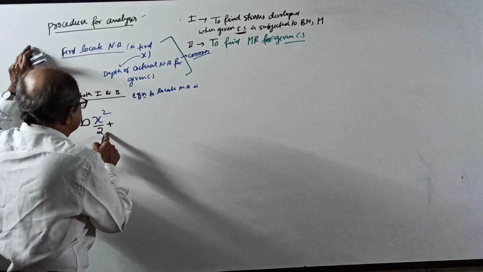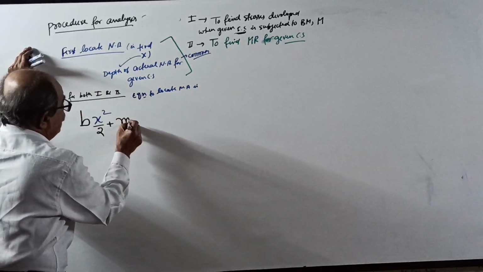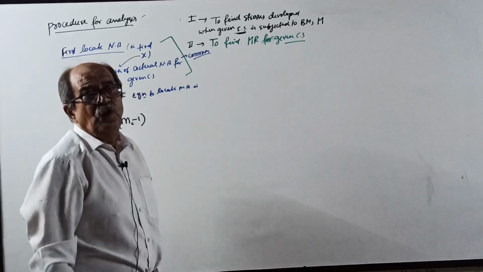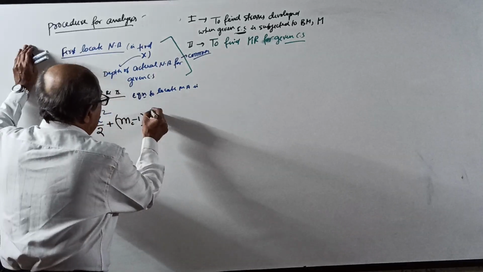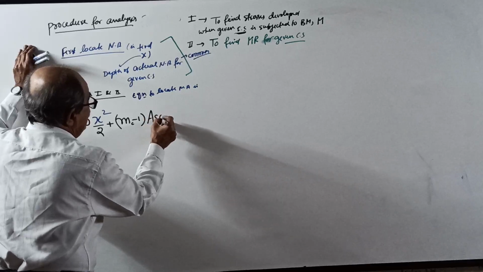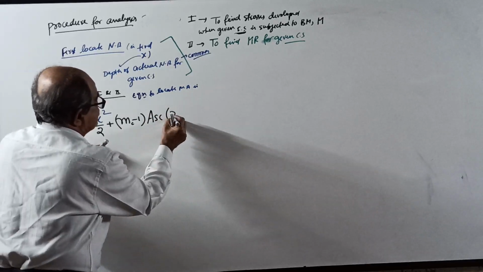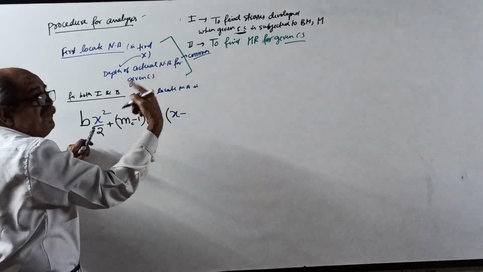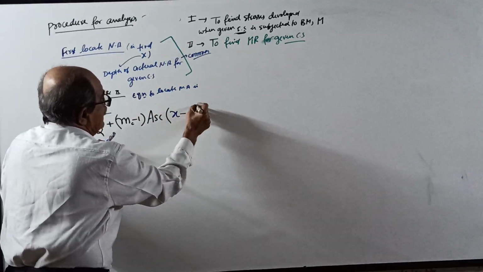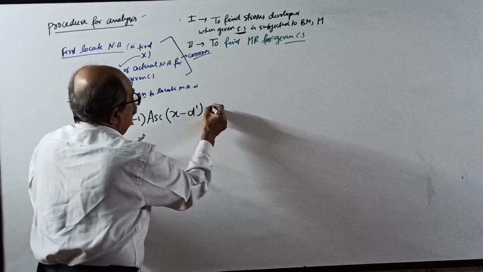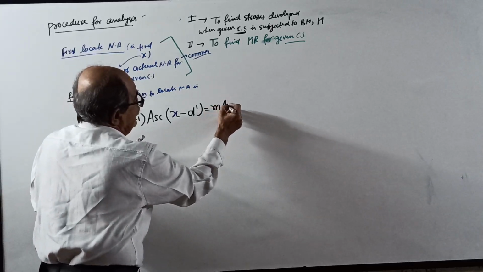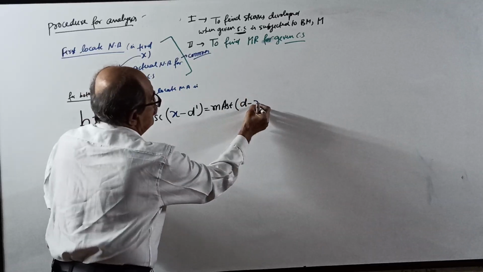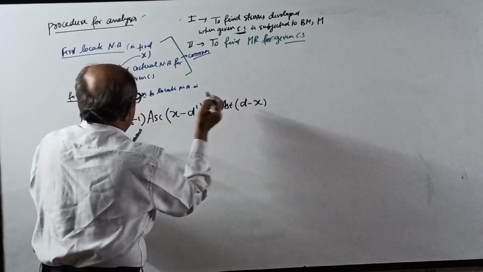Now, compression side one more. (m minus 1), remember I told in the earlier regular class, m minus 1, into ASC into x minus d dash. I am seeing the distances, x minus d dash, equal to m times AST into d minus x. This is the equation to locate neutral axis.